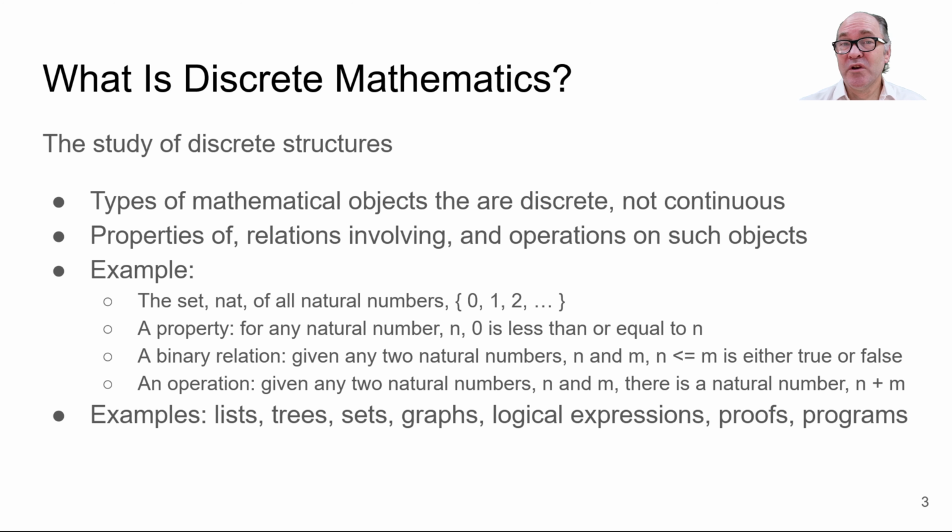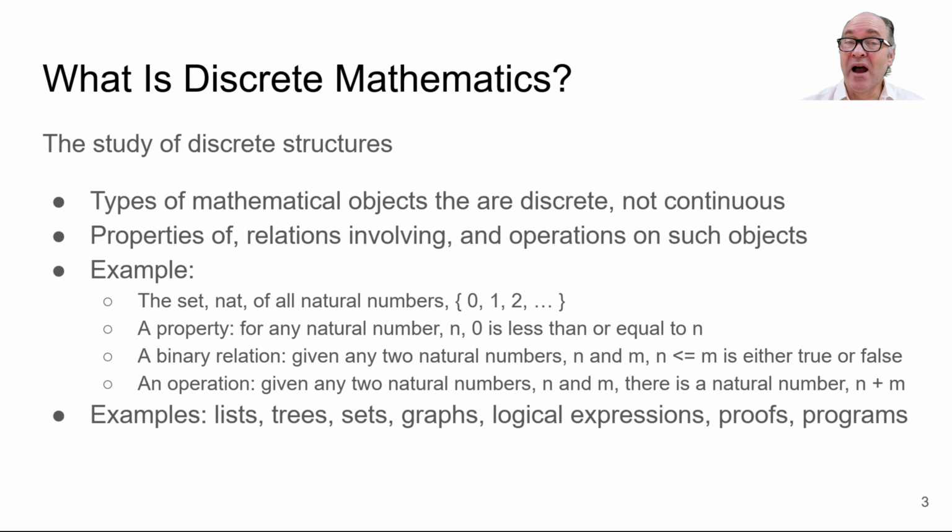And in computer science, we use the natural numbers all the time. For example, indices into an array are natural numbers, right, from 0 on up. Other examples of discrete structures and structures that we will study in this course include lists of objects, so for example lists of natural numbers or lists of other things. Trees, we'll talk about trees very shortly here.